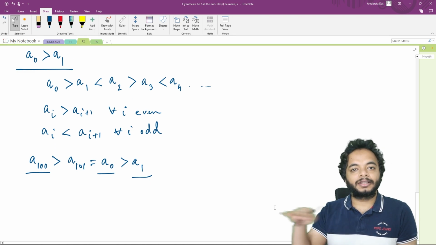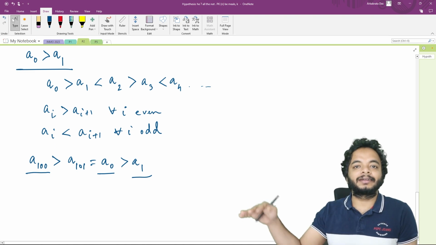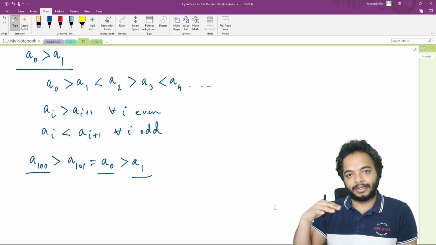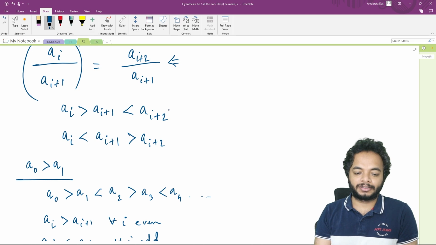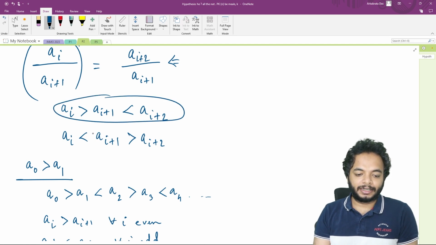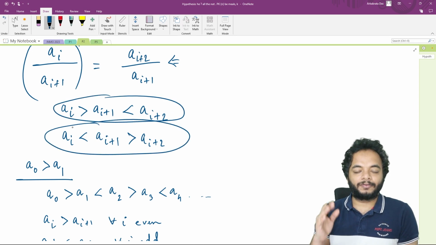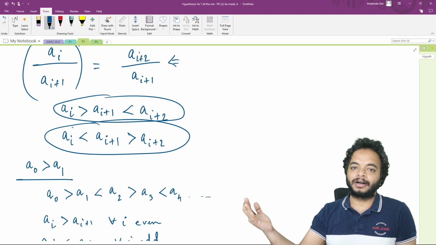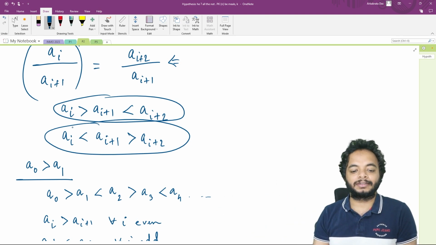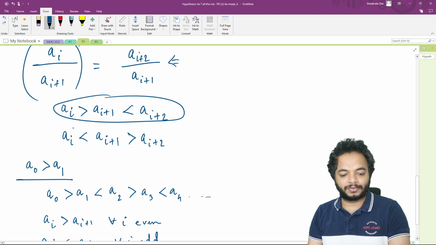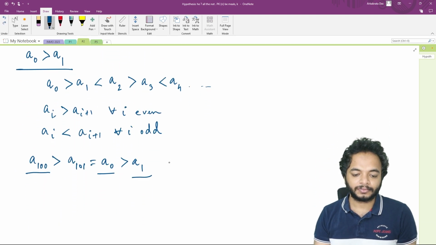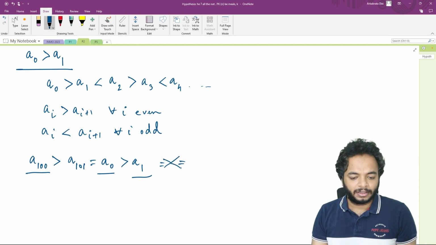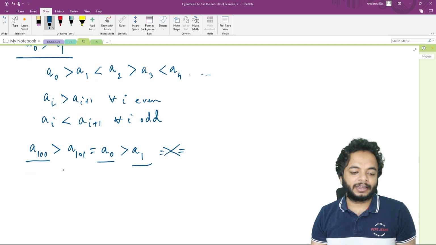So all three cannot be in decreasing order. Three consecutive can't be in decreasing order, because we just proved that if one is greater than the other, then the next one has to be lesser than the next one. So this is what we proved, and that's why we have a contradiction. So a0 cannot be greater than a1.